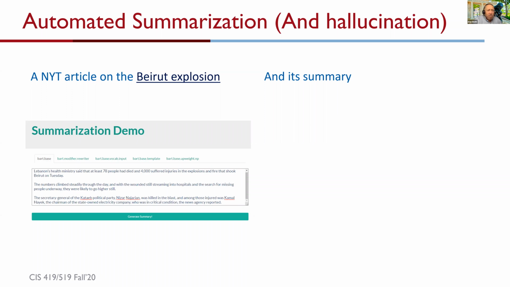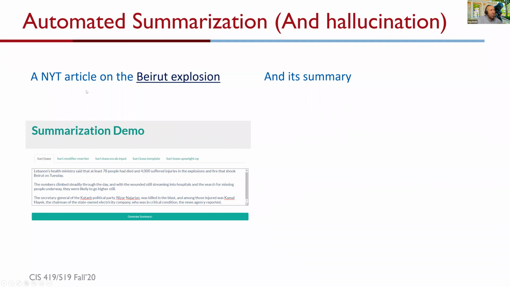Specifically, one of these hot topics is text generation or summarization. So here is a very up-to-date demo that was done by one of my students using state-of-the-art technology for summarization. The game here is that you're given an article.